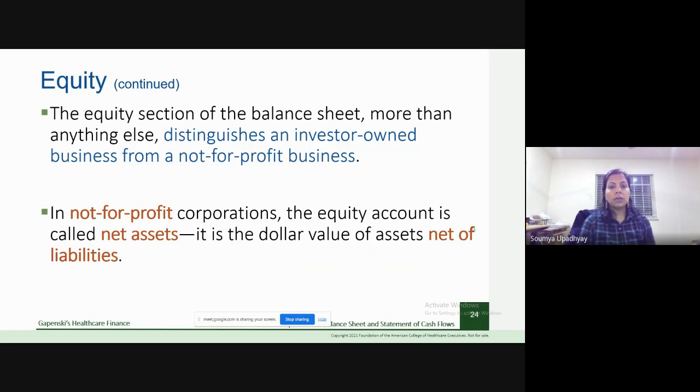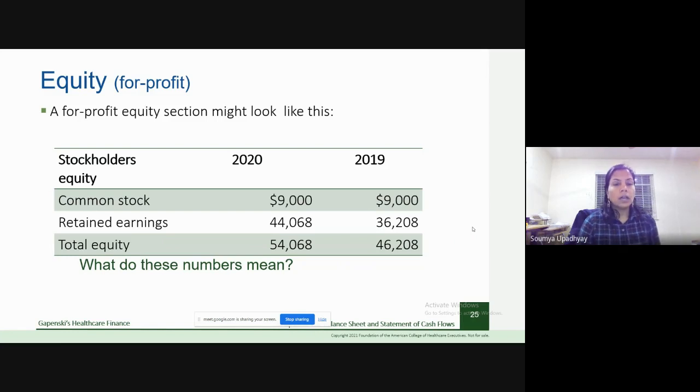So in a not-for-profit corporation, the equity account is called net assets. It is the dollar value of assets, which is the net of liabilities. Okay, that is the not-for-profit, and it is always called the net assets for a not-for-profit. Now, a for-profit equity section may look like this.